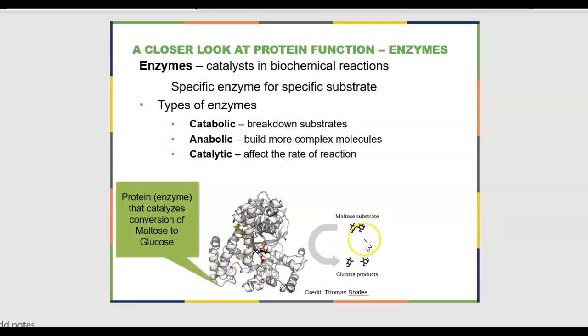But this is showing that up here you can see maltose, a disaccharide, two sugars combined by this glycosidic bond, are going to be broken down by an enzyme called maltase into its components, which are these two monomers or monosaccharides of glucose.